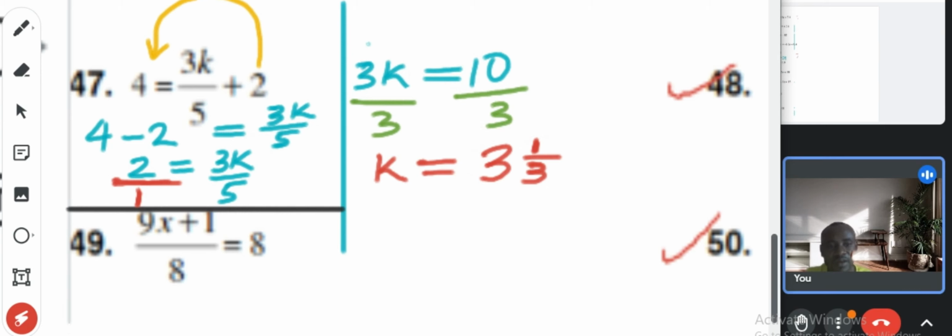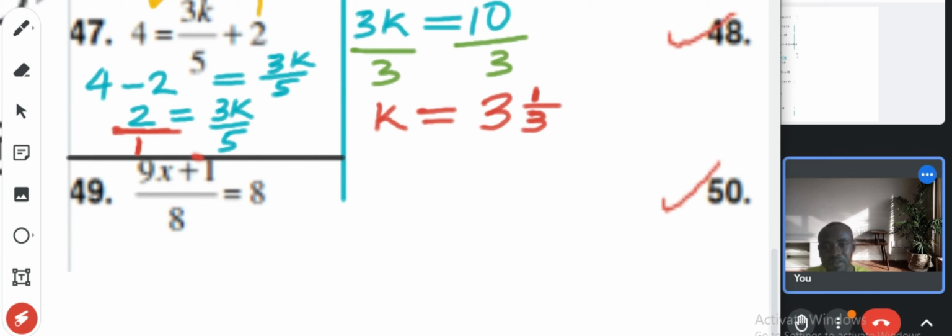Let's do this number 48. What do we do here? Do you know that in this number 48, are you listening to me? Because this whole 9x plus 1, 9x plus 1 are together, and all of them are over 8, not separate. It's different from this one.